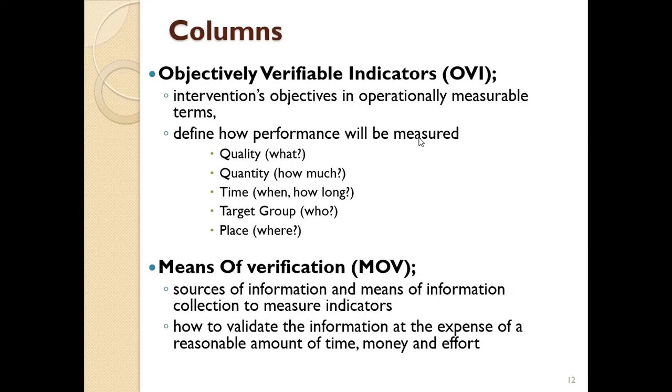The indicators, in simple terms, are measurements. The objectively verifiable indicators are the variables that you need to measure to be able to ascertain whether you have achieved your intended result.